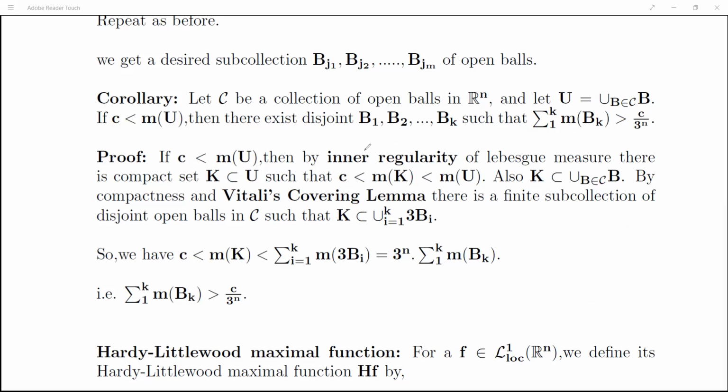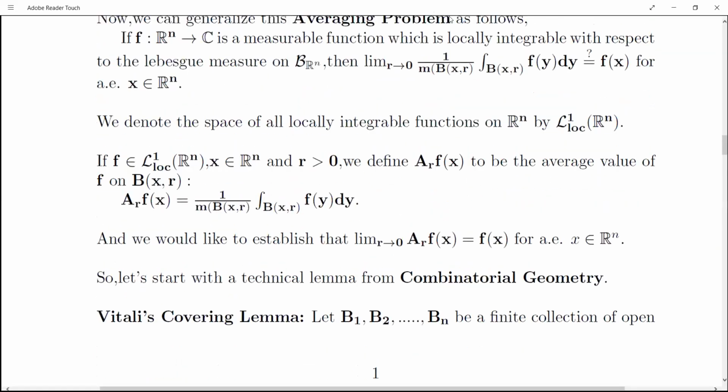Yeah, so I think the proof is not very hard. We will exactly use this corollary to prove that the average value of f will tend towards the value of the function at that point if the radius of the ball goes to 0.